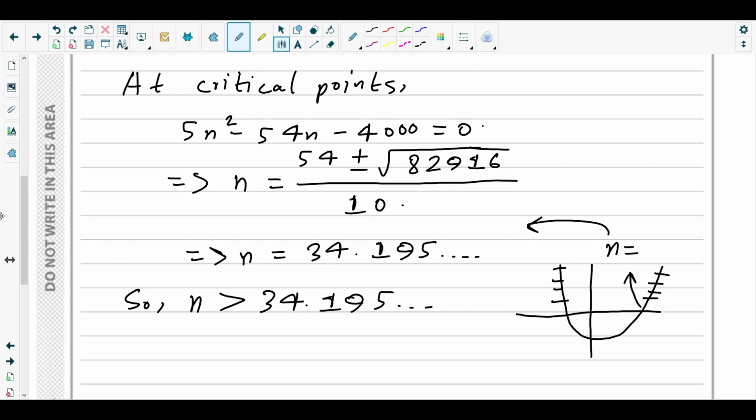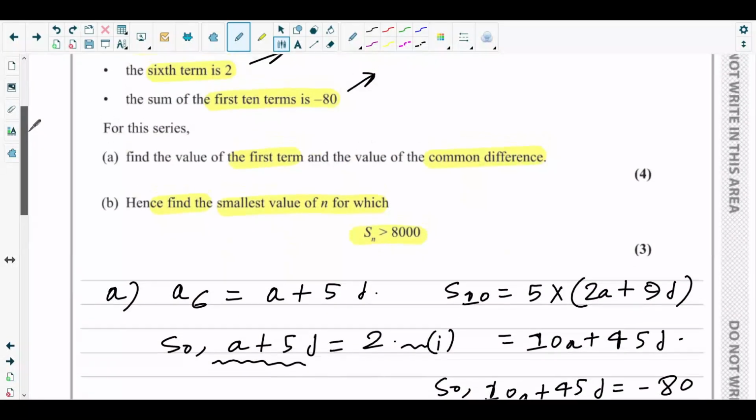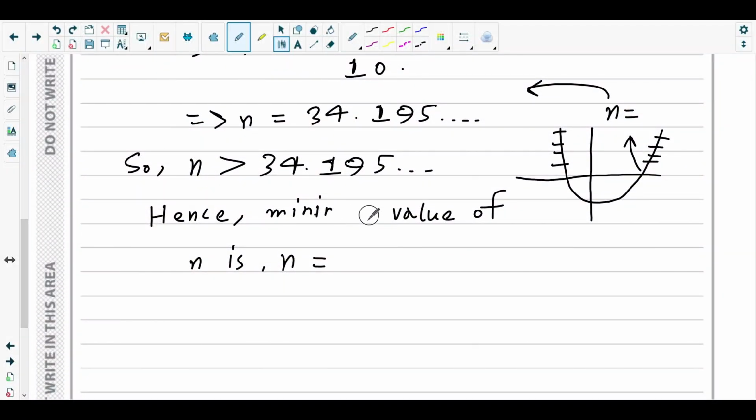34.195. Okay, hence the value for n equals to what? The minimum value of n, hence the minimum value of n, okay, the smallest value of n is n equals to 35.